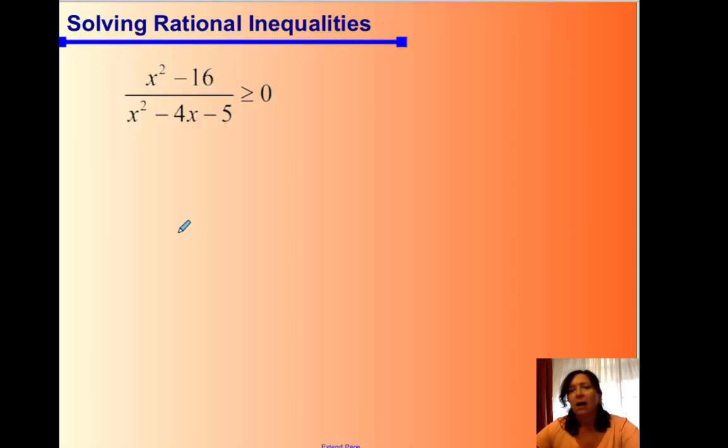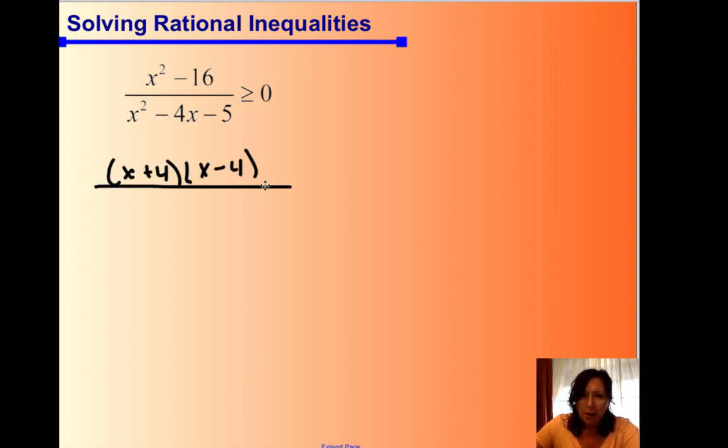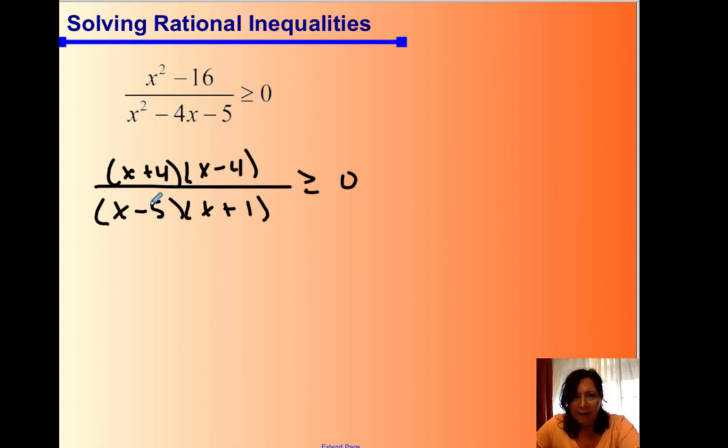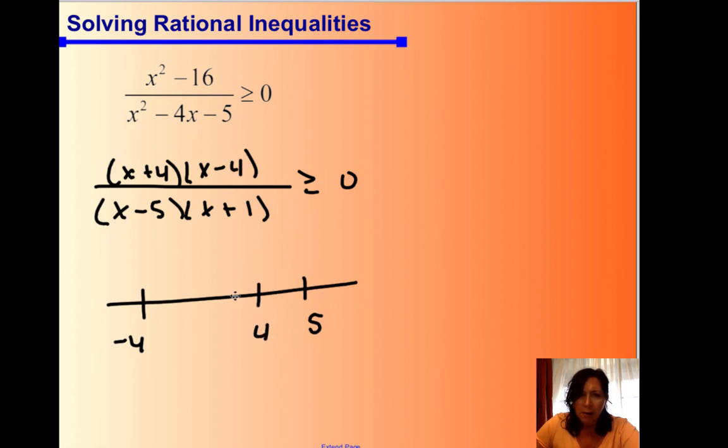Okay. Another problem. We have x plus 4, x minus 4, x minus 5, and x plus 1 greater than or equal to 0. And so we're going to have a line, we're going to have 5, negative 1, negative 4, positive 4.